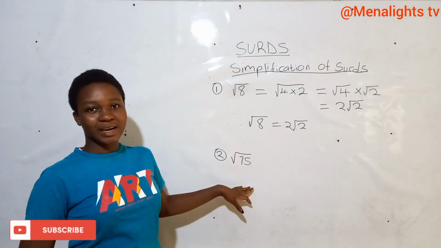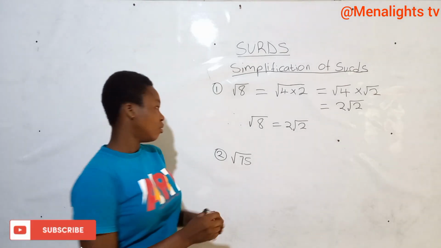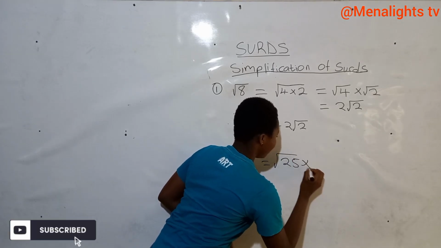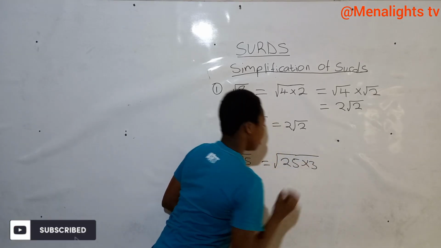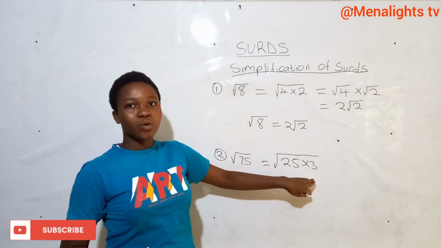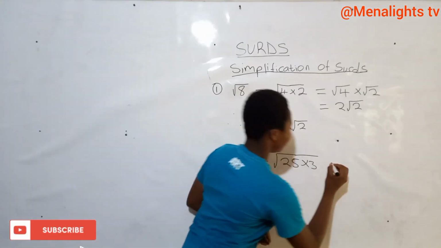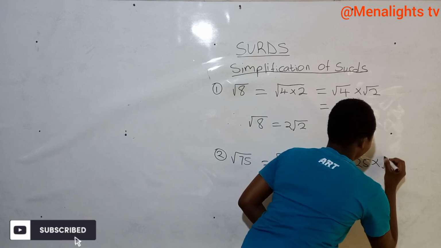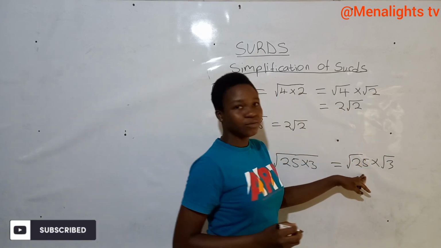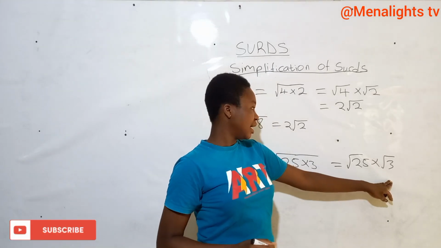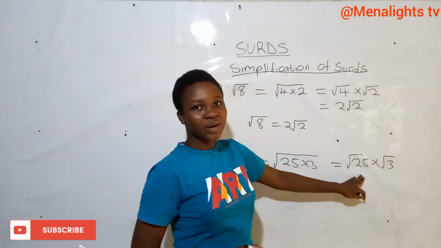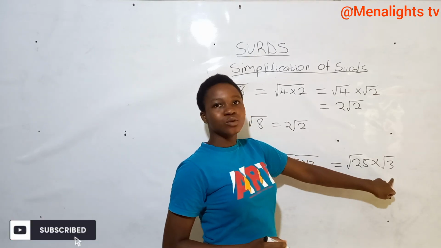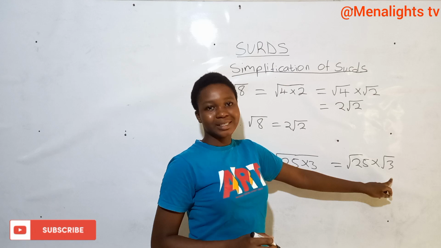Root of 75 can be written as root of 25 times 3, which is also equal to root of 25 times root of 3. And we know that this root of 25 can be simplified, which gives us 5. But this root of 3 here cannot be simplified again.